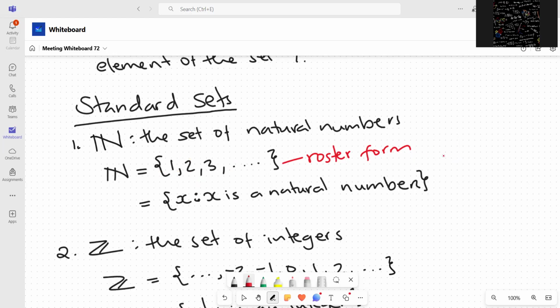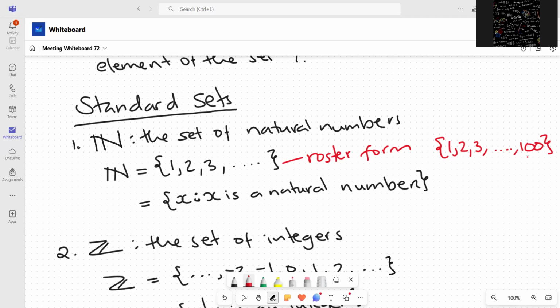Okay, so another one, if I just wanted the natural numbers from 1 to 100 in roster form, I would just write it as 1, 2, 3, dot, dot, dot, and then 100. And that tells me from 3, I must keep going, and then I stop at 100. But writing it like this means it goes on to infinity.